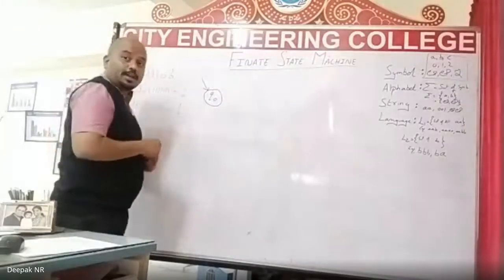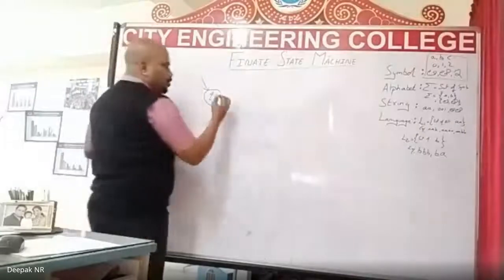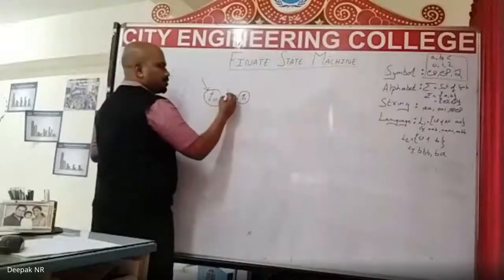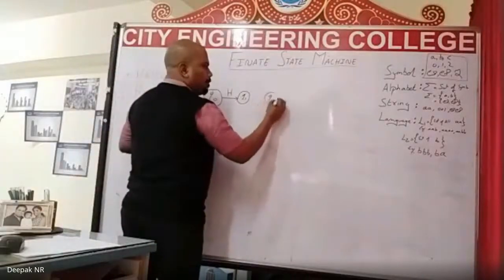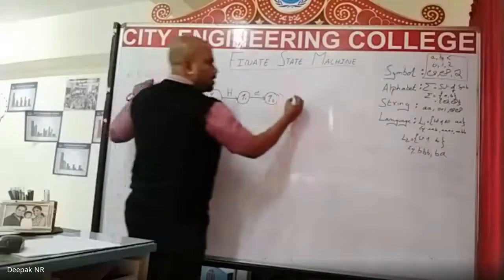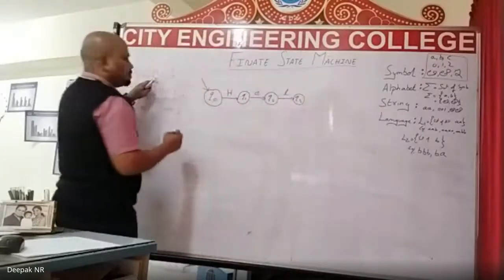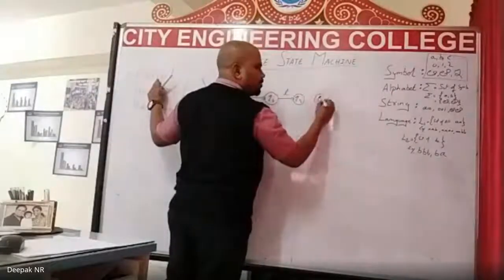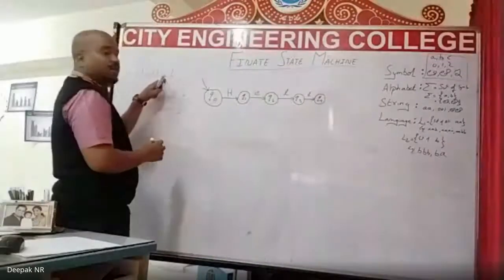Now, as I said, first I have to design a machine for my bare minimal string. From Q0, I go to Q1 by getting the symbol H. The next, I go to Q2 by getting the symbol E. The next is L, and I go to Q3 by taking the symbol L. The next is one more L. Let me write the bare minimal string first. Next is O.